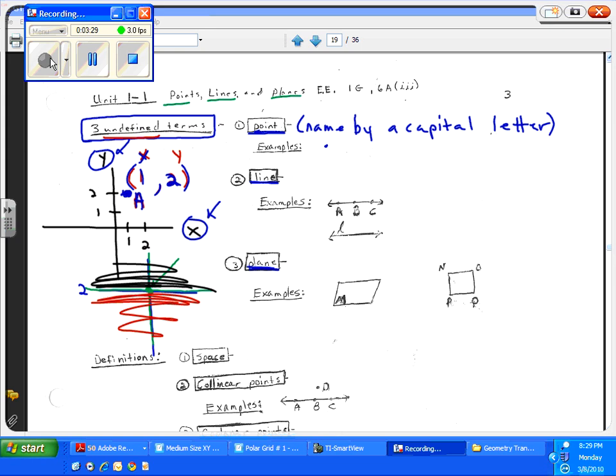We could name that point that I just put with just point A, or we could write out the word point A. There might exist another point B in another location that we could name by writing out the word point B. And again, we used a capital letter.